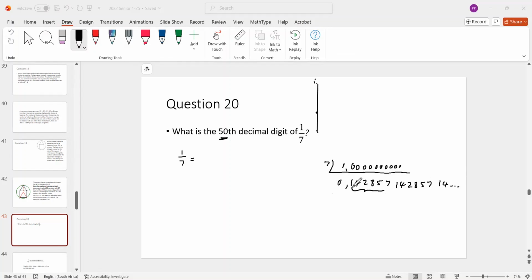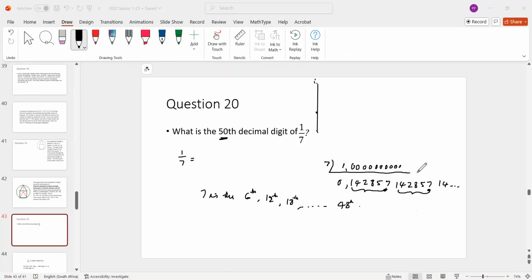These 6 numbers, they keep recurring. So it's nice to look at the 6th and the 12th. The 7 is the 6th, the 12th, 18th. So all the multiples of 6. And you're going up to 50, so you can say 48.